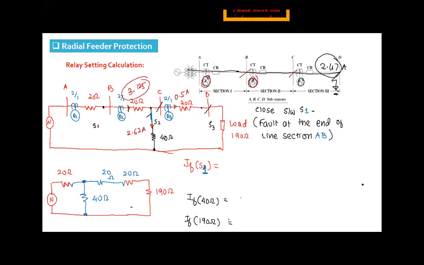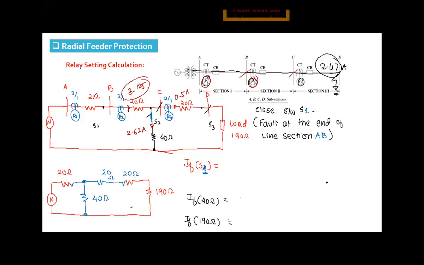Okay, Bhavesh. Has anyone else calculated? Check the calculation once, Bhavesh. 4.85.